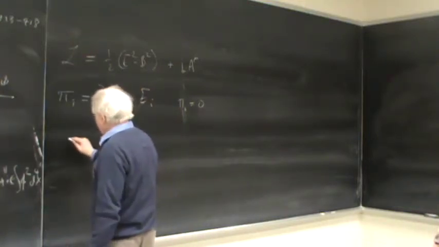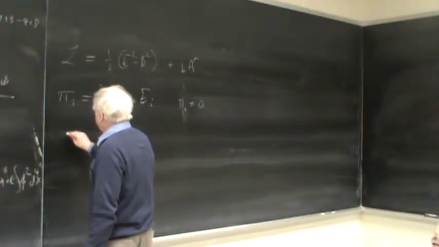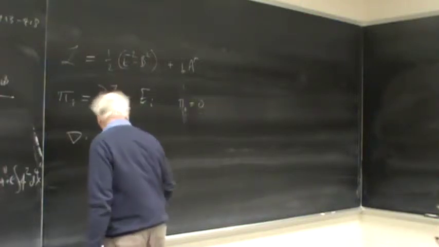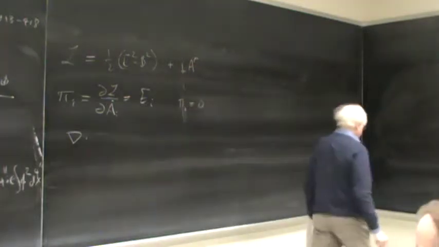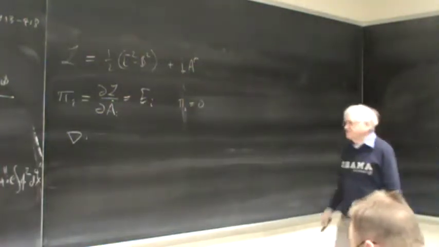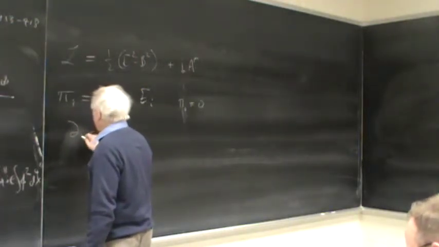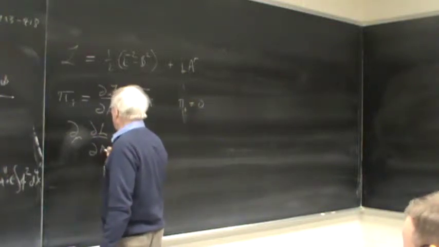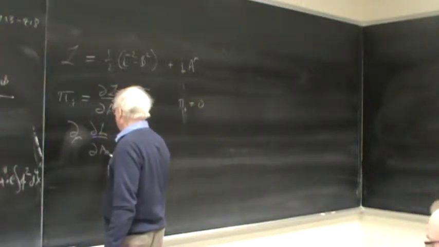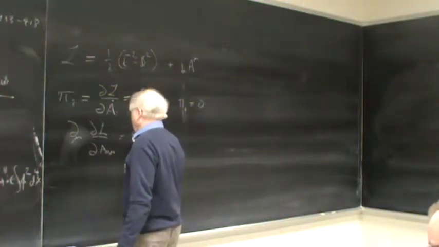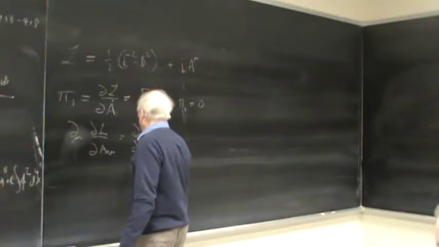Lagrange's equations are ∂_μ of partial L partial A_0,μ is equal to partial L partial A_0.